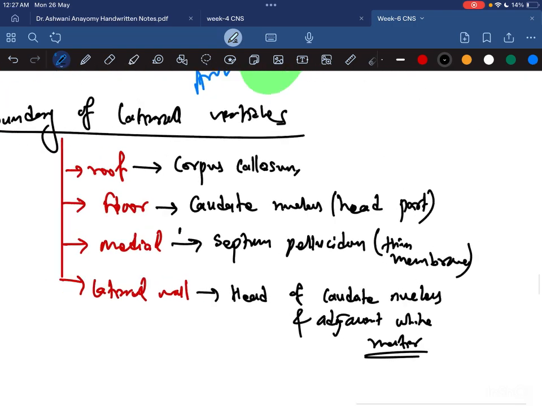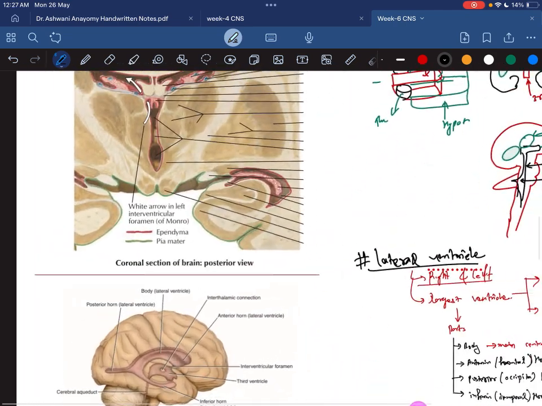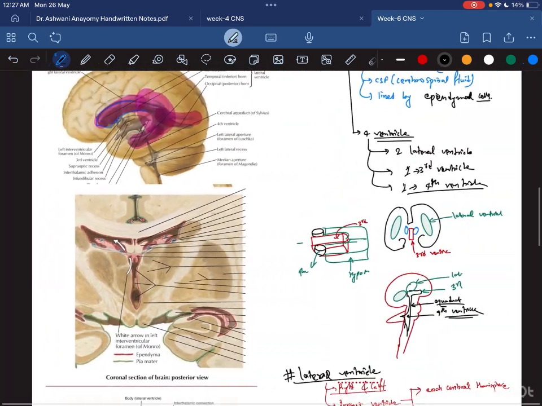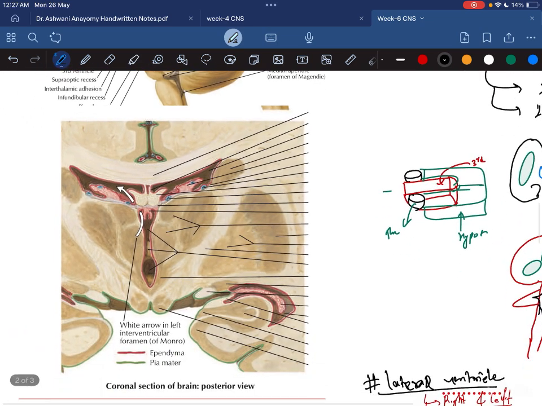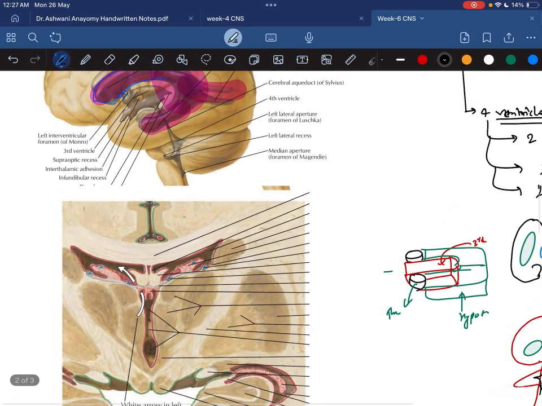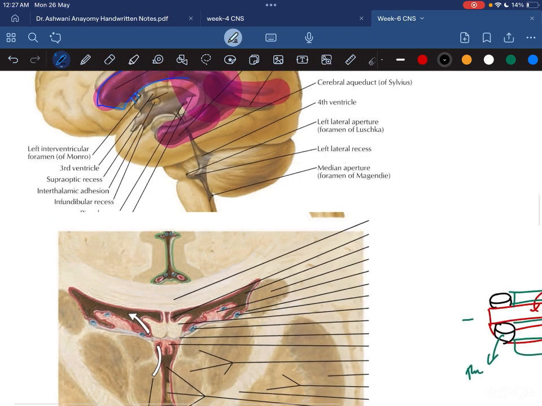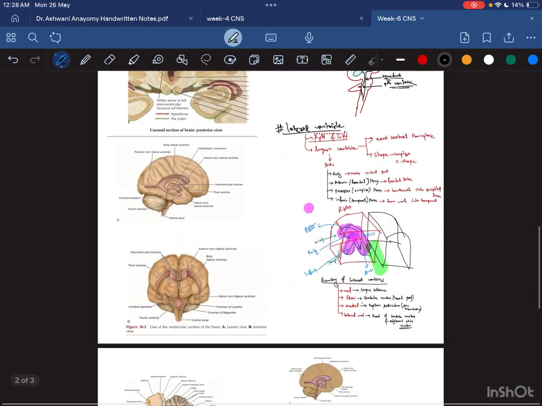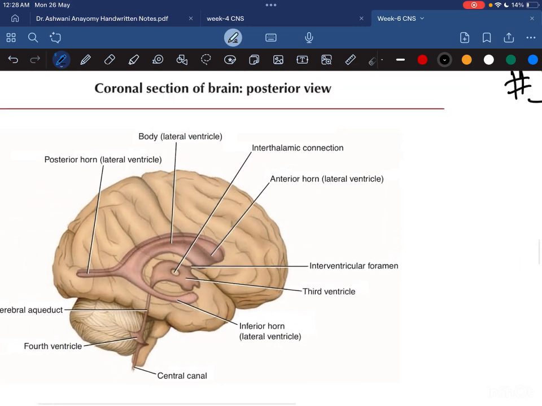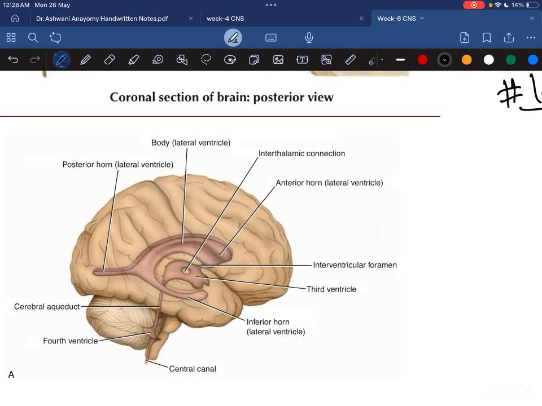So when we look in the image, this is the third ventricle and these are the lateral ventricles. To understand another way, there is the roof. In the roof there is corpus callosum. Roof, corpus callosum.